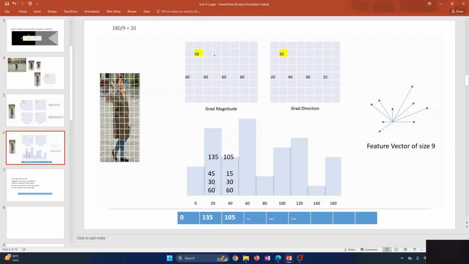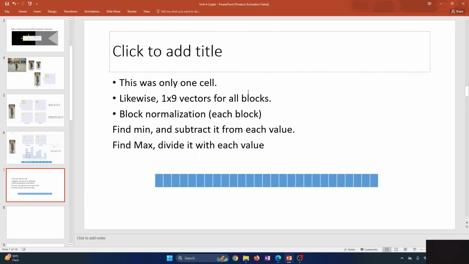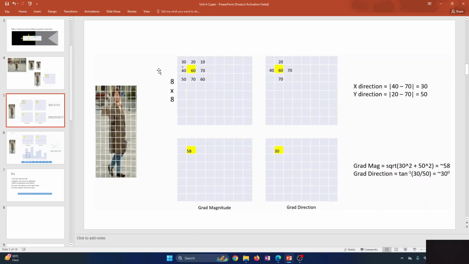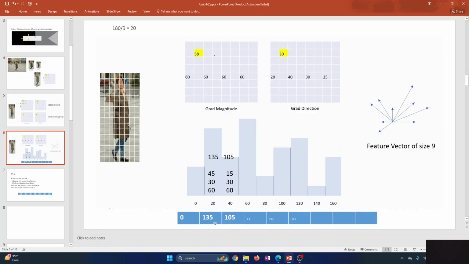So the range is very large. So what we are doing here is normalizing this range from 0 to 1. This is called block normalization. For each block we are normalizing these values to the range 0 to 1, so all these different values will be mapped from 0 to 1.